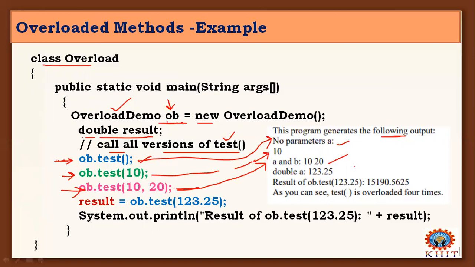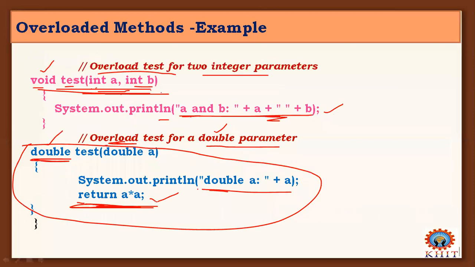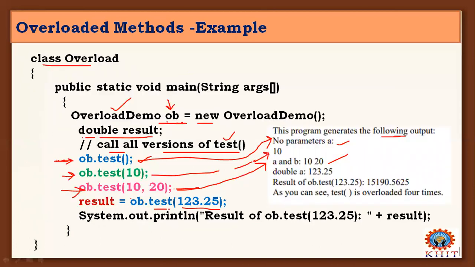And the last overloaded method is the test method with one double value. So this double value is passed as a single parameter for this test method, as it is valid. The method of the class is invoked through this object, and it simply displays the value of that double and returns the square of that value by multiplying it by itself, right? So the variable called result of type double receives the return value of this method.